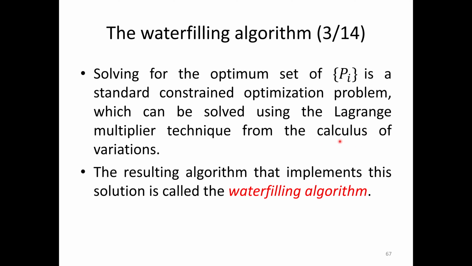However, if you did not learn it, that is okay. We will review this technique in the following pages. The resulting algorithm that implements this solution is called the water filling algorithm.